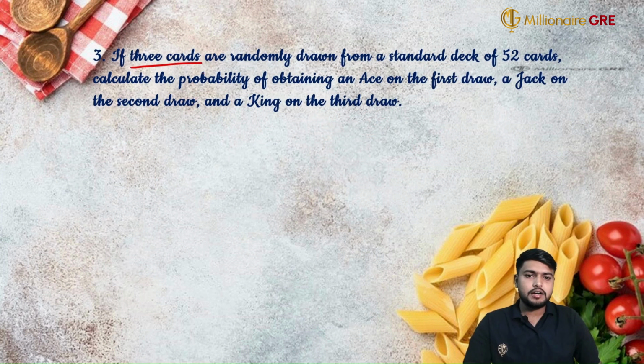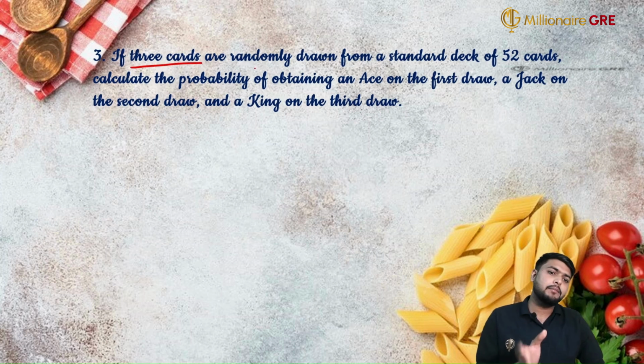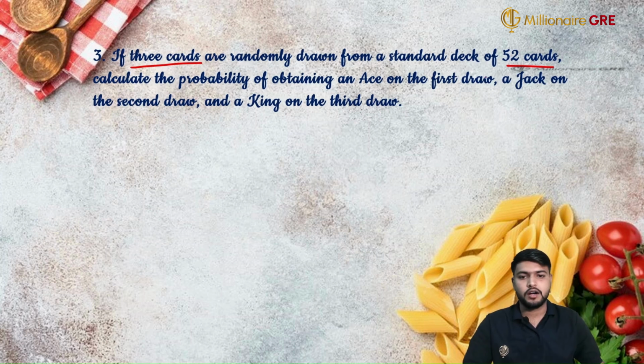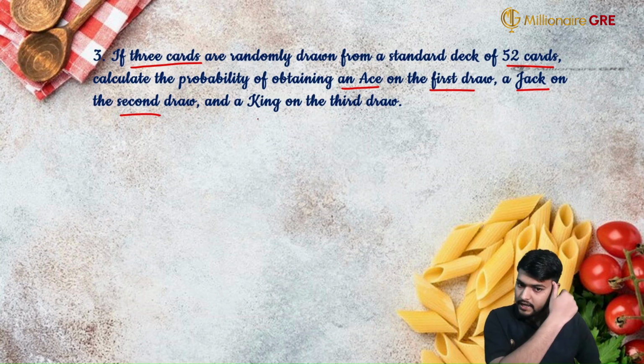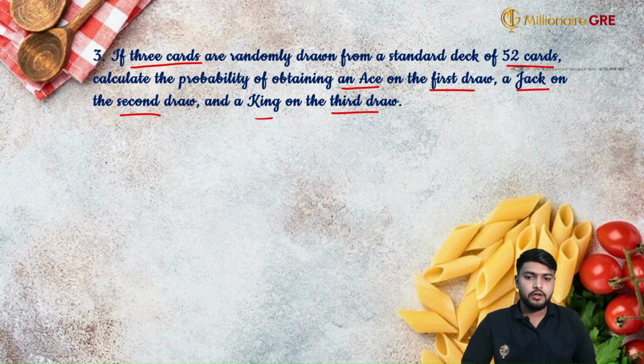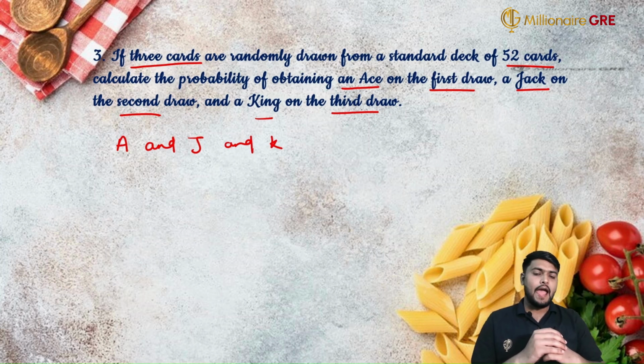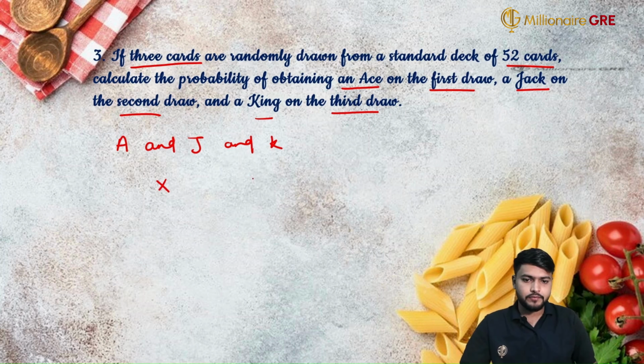There are 3 cards that are randomly drawn from a deck of 52 cards. Calculate the probability of obtaining an ace on the first draw, jack on the second draw, and king on the third draw. And means multiplication.